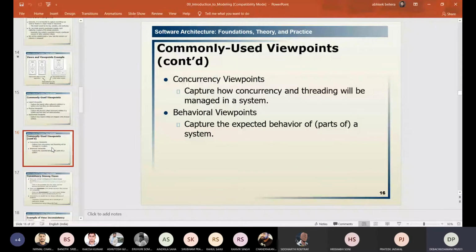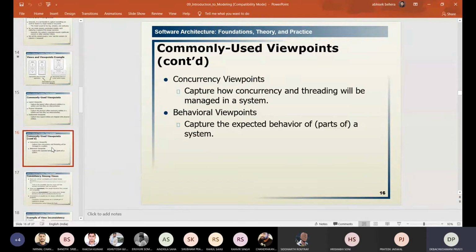Then the behavioral viewpoint captures the expected behavior of a system.